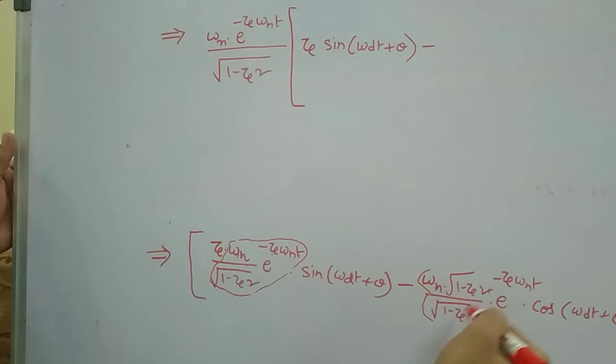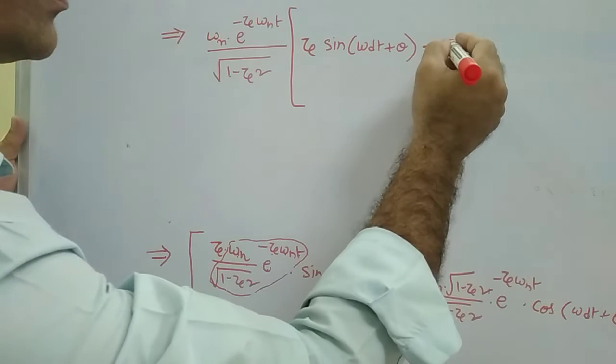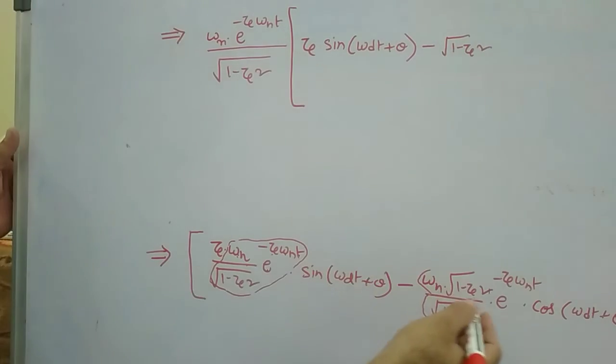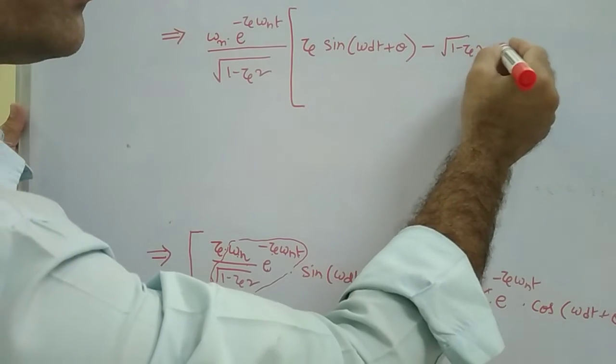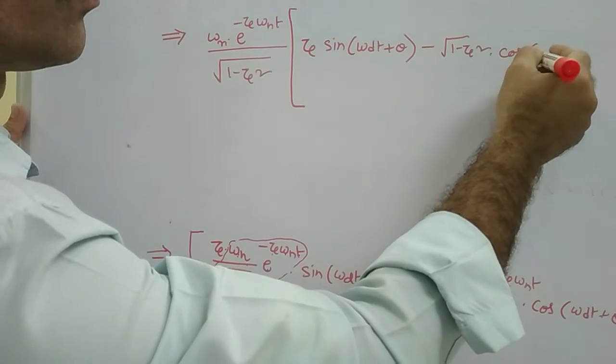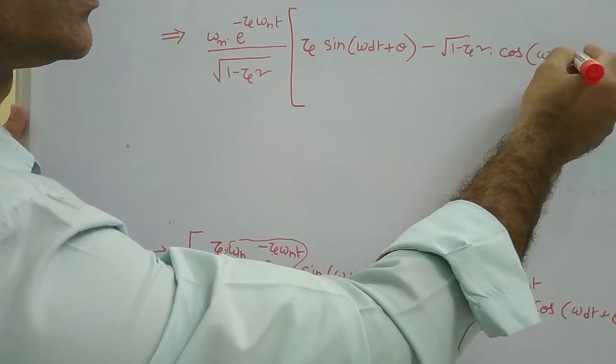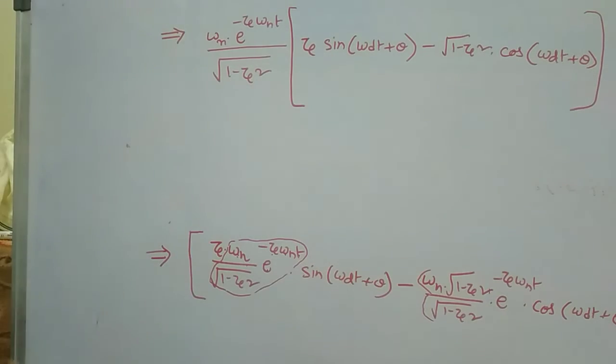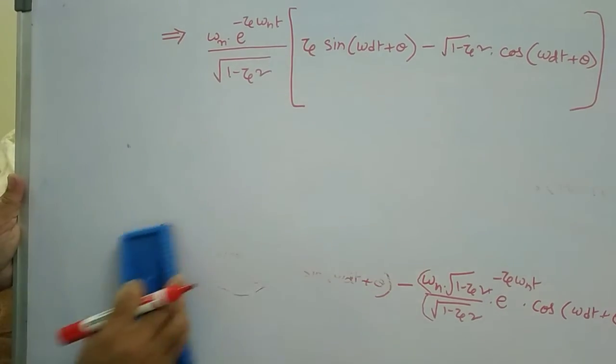Omega n, everything is there, so square root of 1 minus zeta square remains here, 1 minus zeta square into cos of omega dt plus theta. Clear? Is it not? This is the next step.